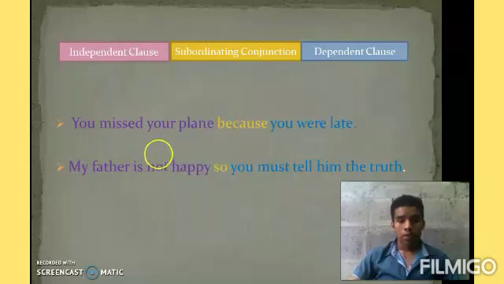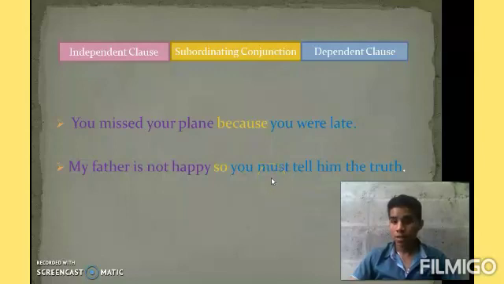The second example is: my father is not happy, so you must tell him the truth. My father is not happy is the independent clause because it is expressing a complete thought, so it can stand alone. So is the subordinating conjunction, and you must tell him the truth is the dependent clause because it depends on the other clause.